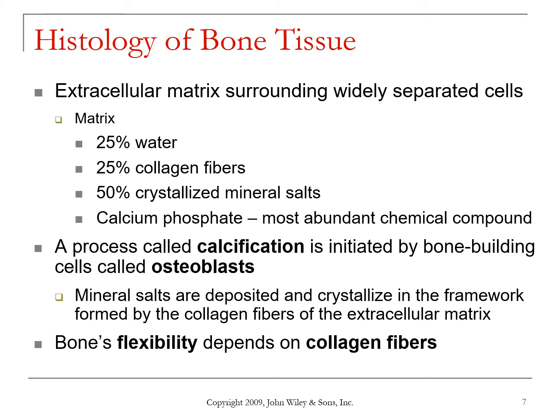And as they are deposited, they harden, and that's what makes bone hard. This calcification process is initiated by bone-building cells called osteoblasts. The osteoblasts lay down the extracellular matrix and create bone. So again, while bone is hard and rigid due to the crystallization of these minerals, bone is also flexible due to the collagen fiber.